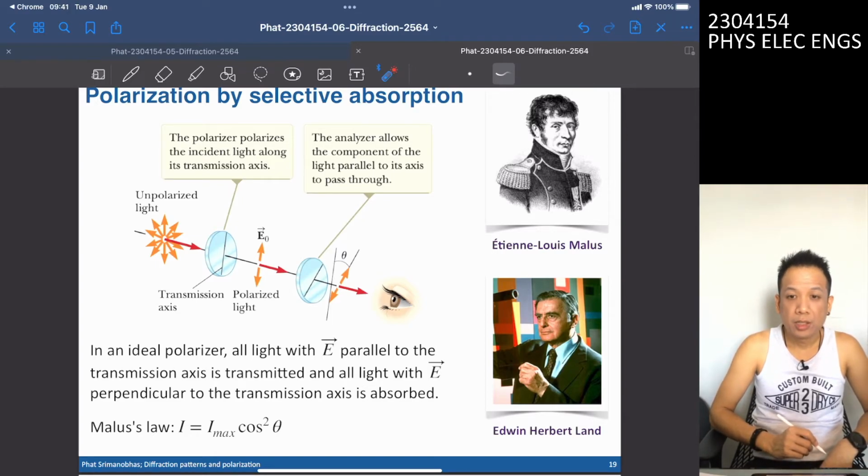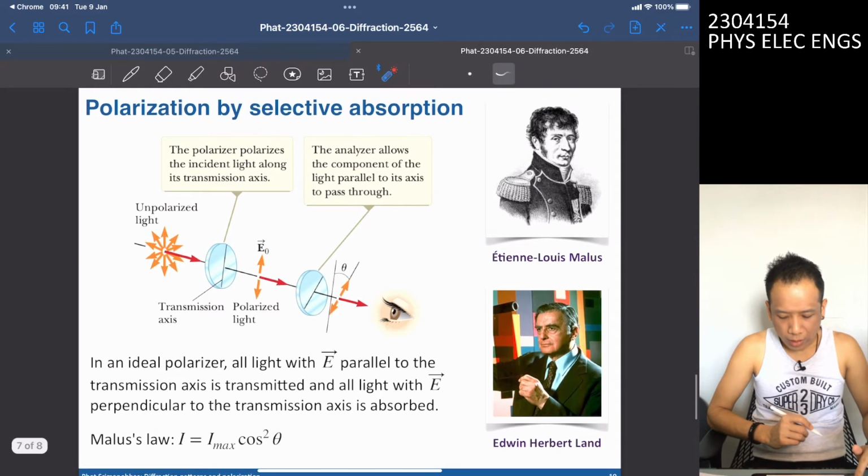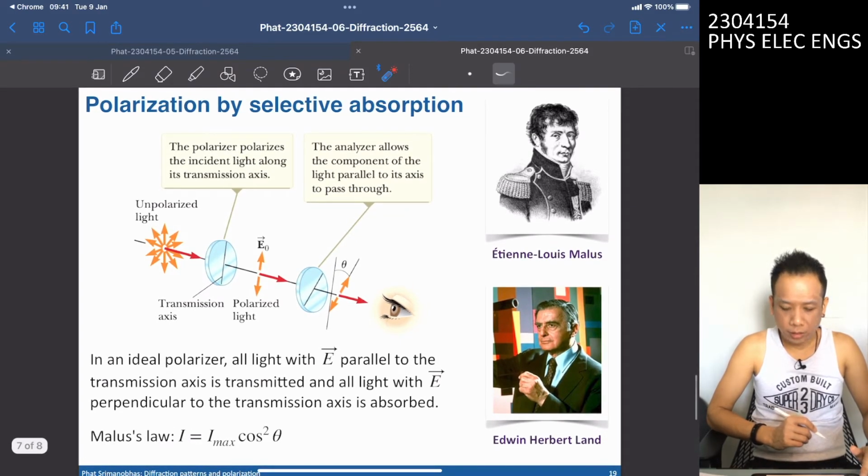So this is what we call polarization by selective absorption. There are two important people who contributed to this.